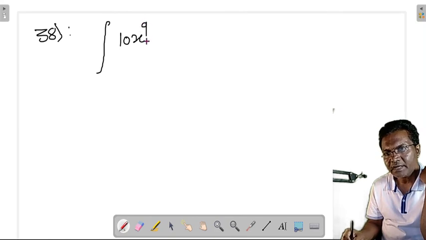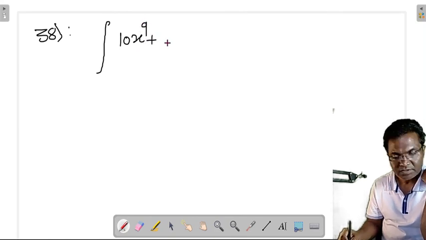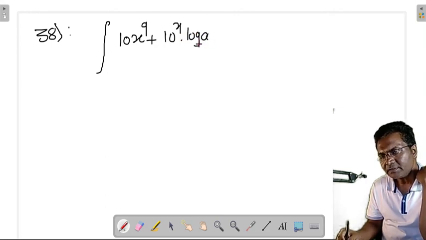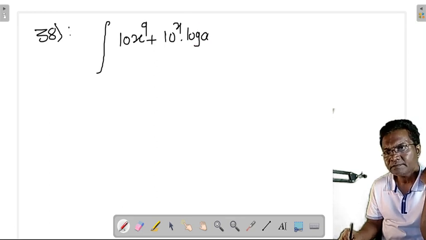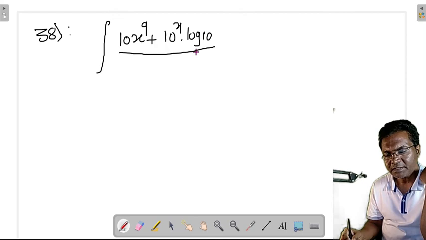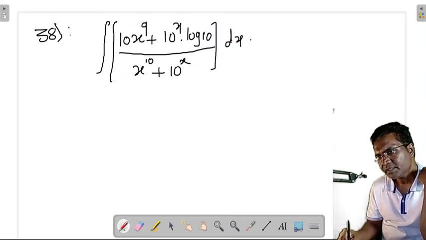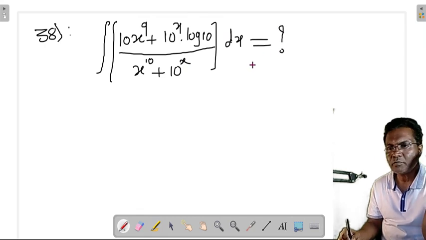The integration of 10x power 9 plus 10 power x log 10 power x into log a, that is log 10, divided by x power 10 plus 10 power x dx is what? Okay, that is what is asked.